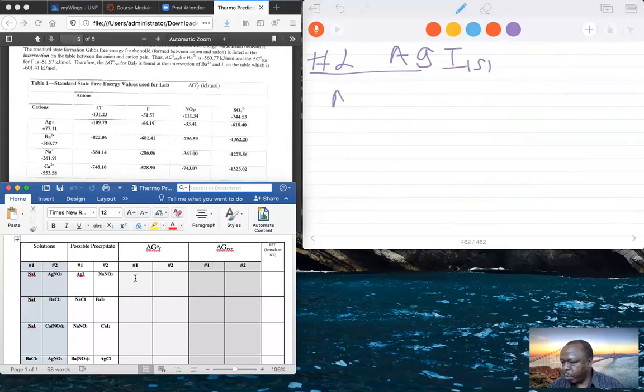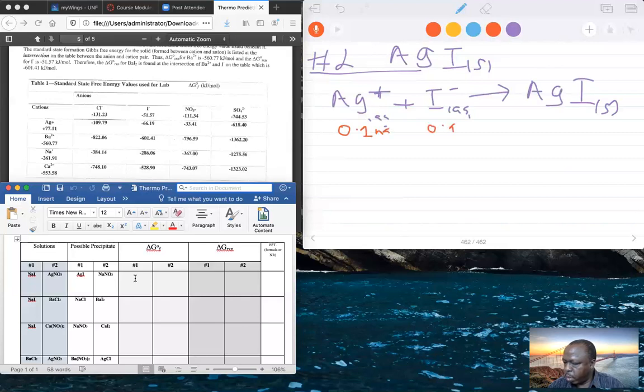It's coming from Ag aqueous plus iodide aqueous going to AgI. We are making it solid. Everything product side is solid because of precipitation. From our initial, when we mix the concentration change to 0.1 molar, we're gonna need this for reaction quotient.